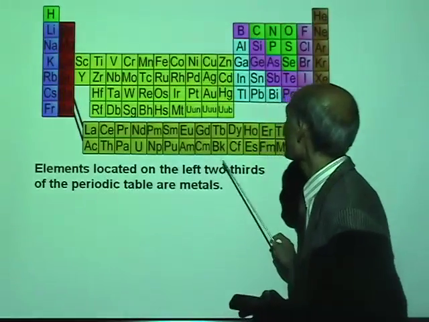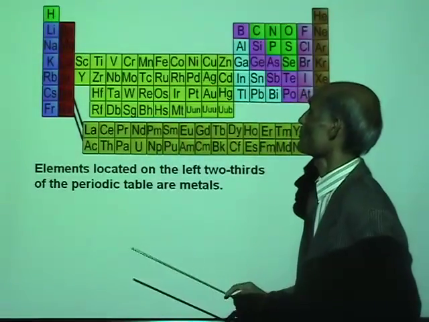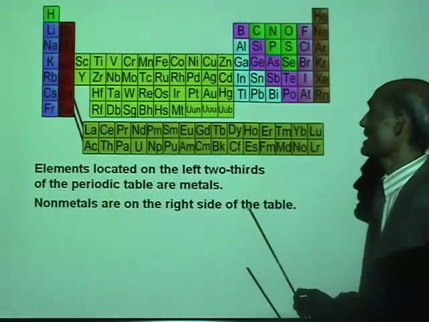Elements located on the left two-thirds are all metals. Non-metals are on the right of the table.